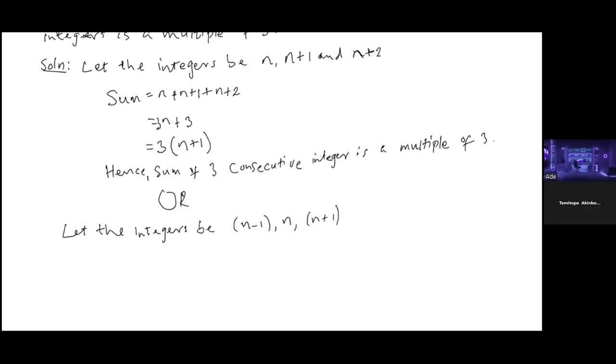So the sum will be the addition of the three: n minus 1 plus n plus n plus 1.